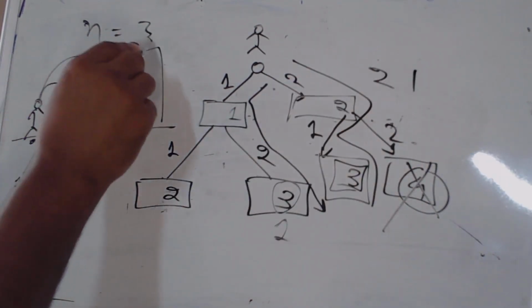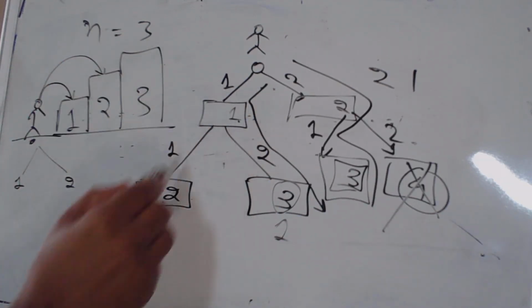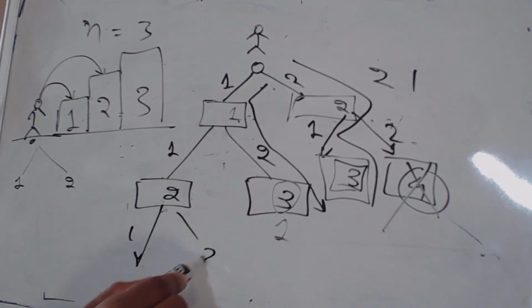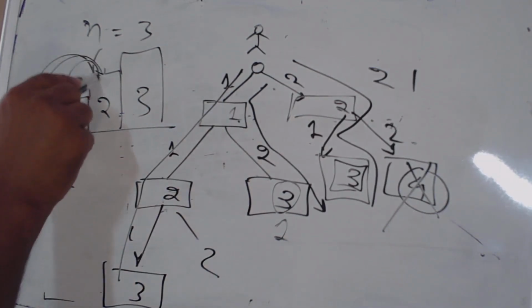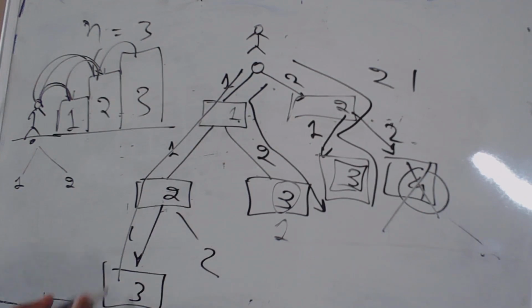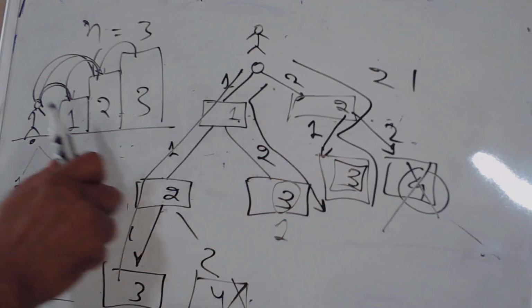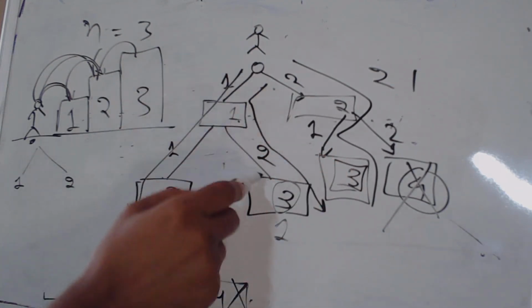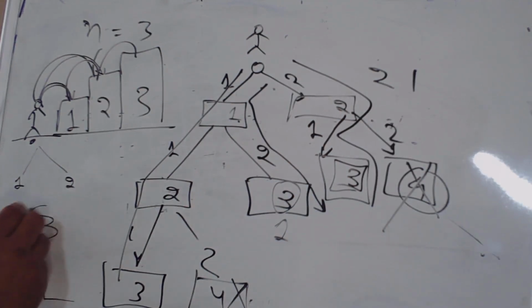And here he can get 1 and 2. Here again he takes 1 or 2, so this will become 3, so this will be 1 1 1, which is also another route. But here if we take 2, this will become 4 and this is invalid. So in this decision tree, we get 3 routes, like 1 1 1, 1 2, and 2 1. So the total number of distinct ways is 3.